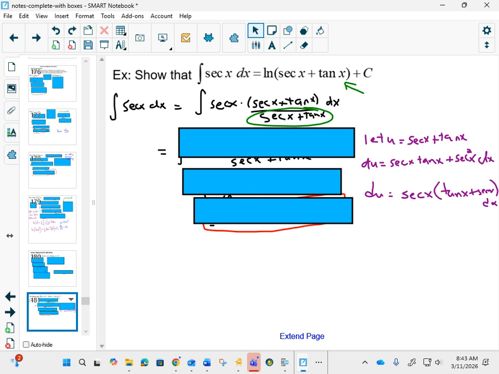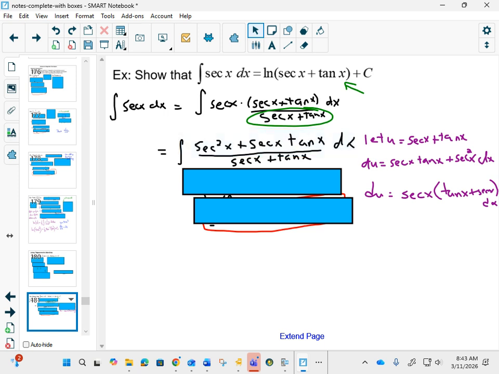Or I could have just multiplied out the top. And notice that's exactly what I have.